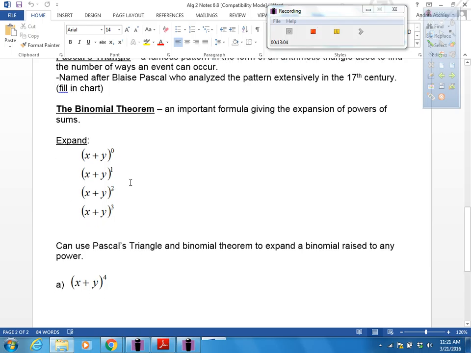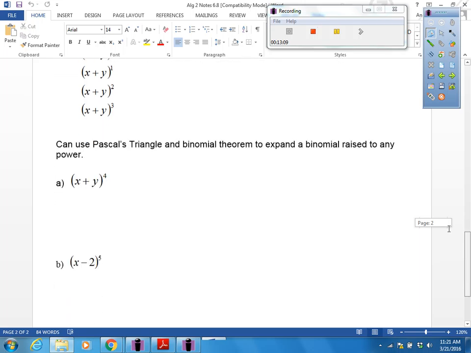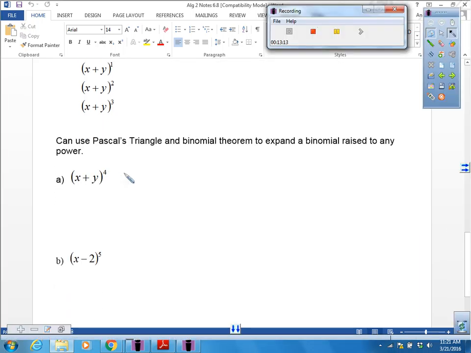So we already did these first 3 expansions on the back. Now we're going to do x plus y to the 4th. For the coefficients, you're going to use row 4 of Pascal's triangle.